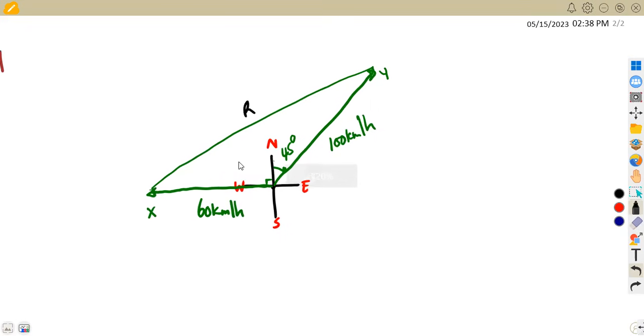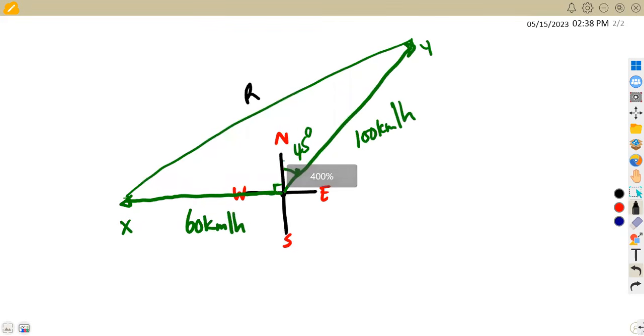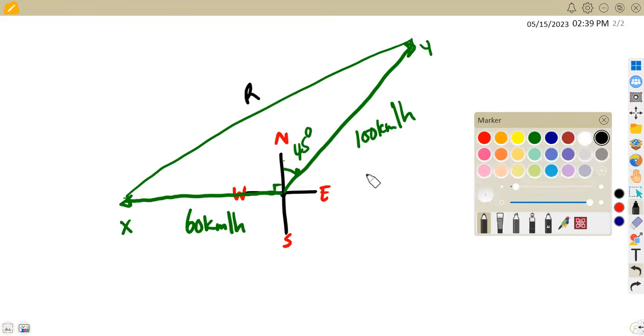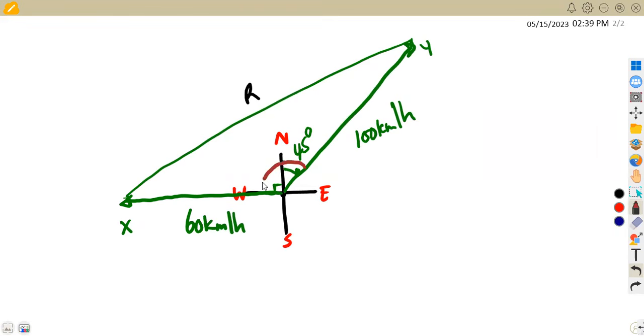Remember, this angle here is 90 degrees at this point. So the 90 degrees here and this 45 degrees combined together give us an angle of 135 degrees. This angle is the one that you are going to consider. You're adding from this point to this point, which is the 45, and from this point to this point, which is the 90, so everything gives us 135 degrees.